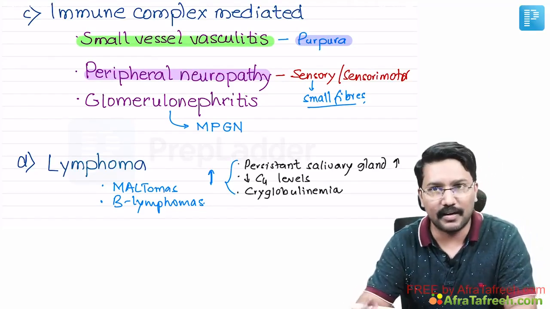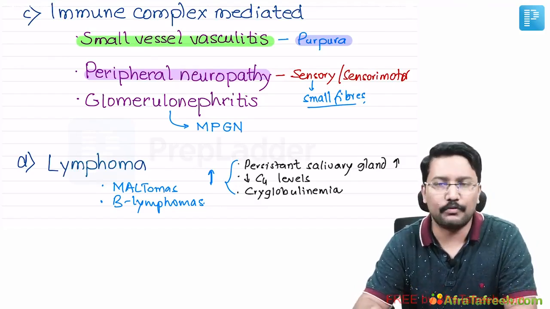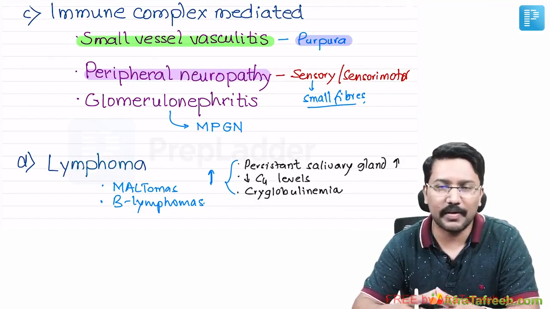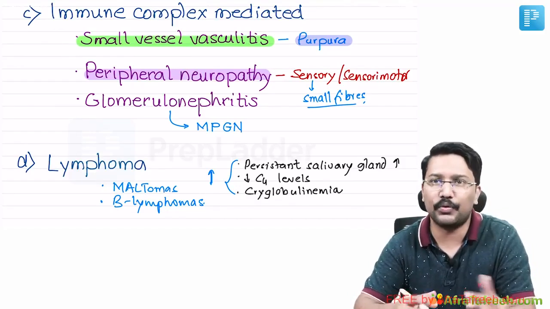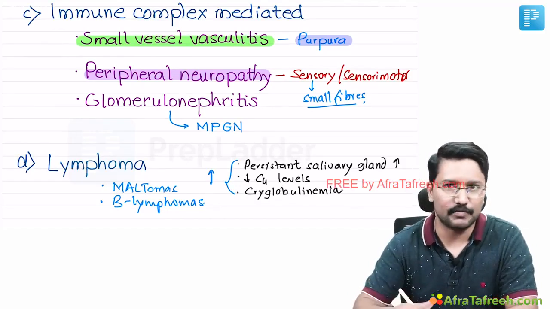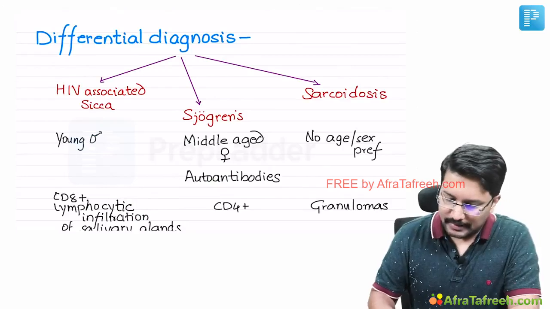Persistent salivary gland enlargement or low C4 levels, or patient already having cryoglobulinemia. These are the risk factors that suggest that the patient is prone to develop lymphomas or malignant transformation. Okay, that is about the malignancies.